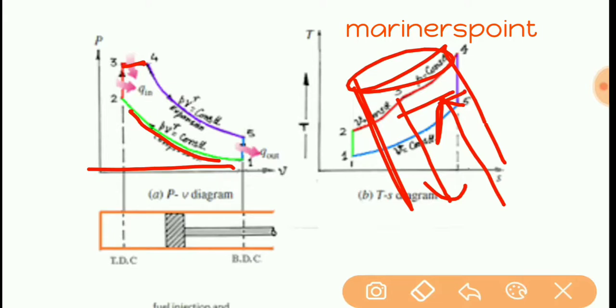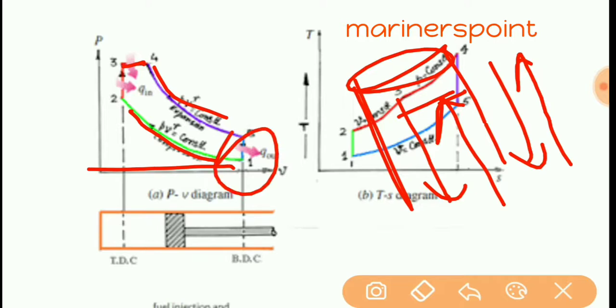And after that power stroke, when combustion takes place air will expand, that means power stroke, piston moves down, and after that when the piston goes up, exhaust gas will be removed, heat rejected. Okay, here heat is added at constant volume and constant pressure. A combination of the diesel cycle and Otto cycle.